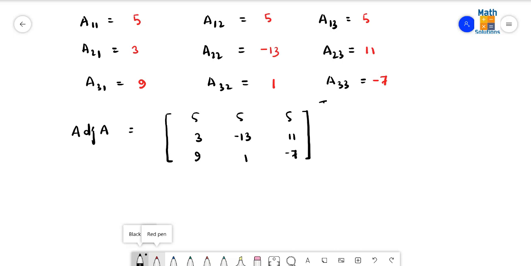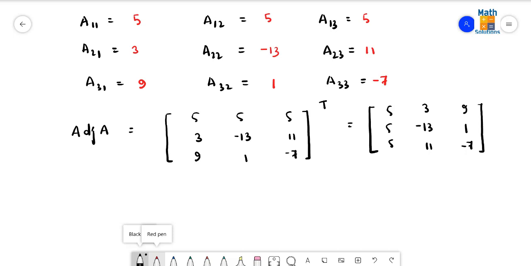Let's find its transpose. This will be equal to 5, 3, 9, then 5, −13, 1, then 5, 11, −7.